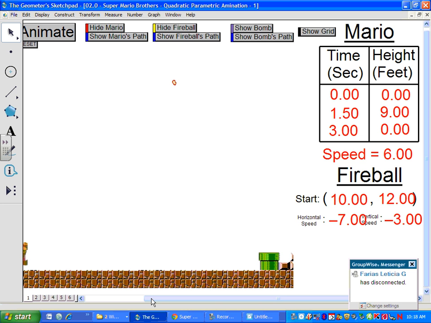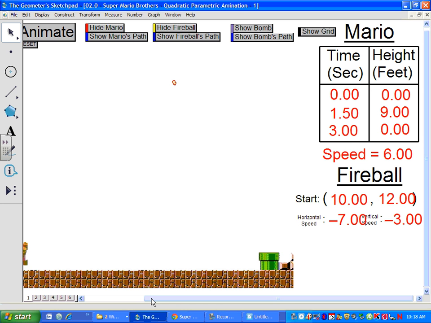And then we have the horizontal speed at -7 and the vertical speed at 3. Now, to warn you, my people that are very particular out there, this may not hit because we are close, but not exactly on.